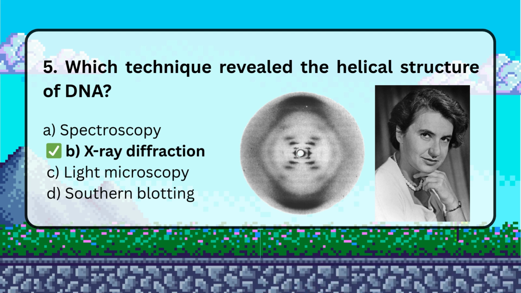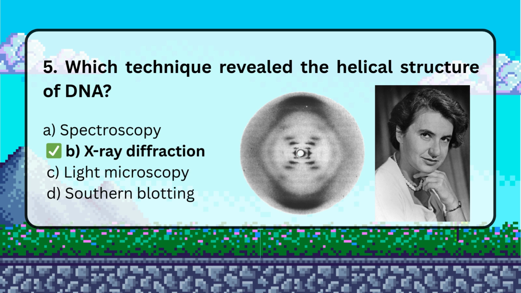Rosalind Franklin's X-ray diffraction image shows an X pattern typical of a helix structure, helping Watson and Crick build their model. So the X-ray diffraction image, which was produced by Rosalind Franklin, helped in the discovery of the DNA structure.